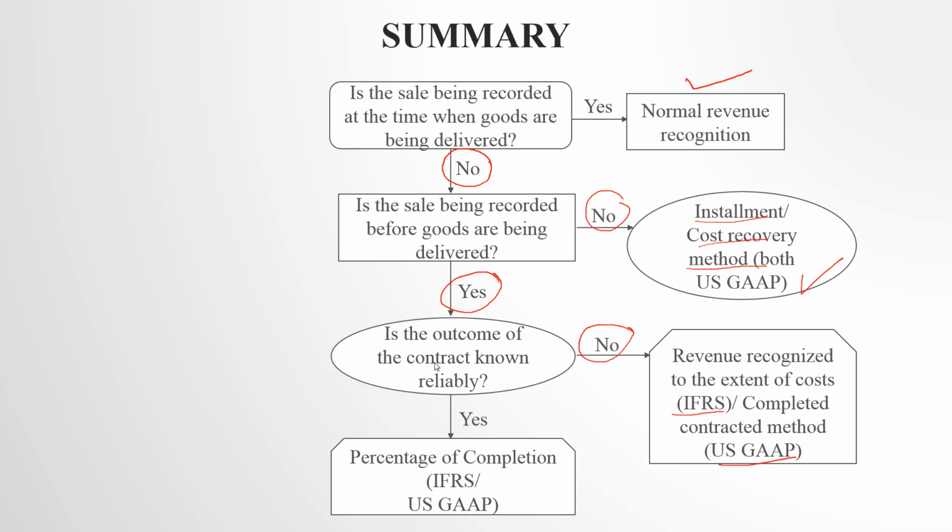But if we know the outcome of the contract reliably, then under both the IFRS and the US GAAP, we use the same method, which is the percentage of completion method. This flowchart can be helpful in figuring out which method to use in which scenario.